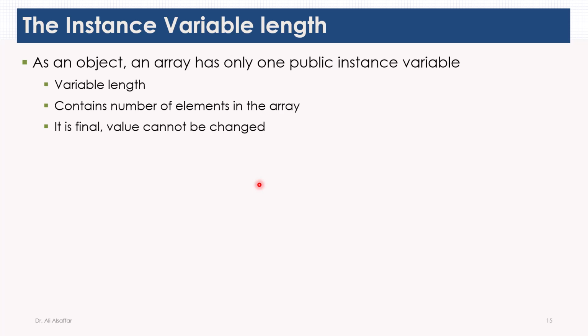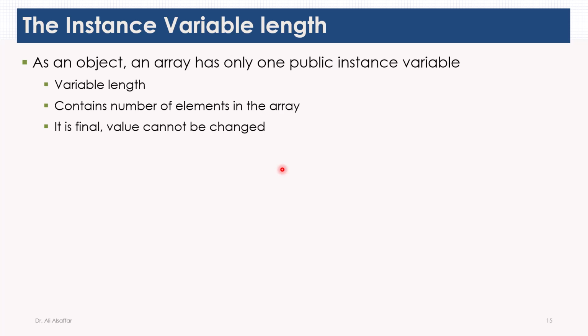We have mentioned before that arrays were objects. Therefore, we could expect that they have data members as well as public methods. However, they have only one public instance variable, and that variable represents the length of the array. So what is the length of the array and how do we determine it?